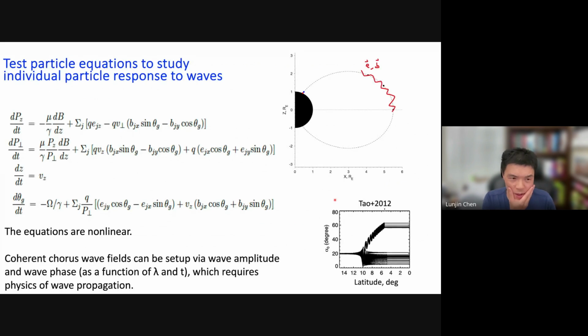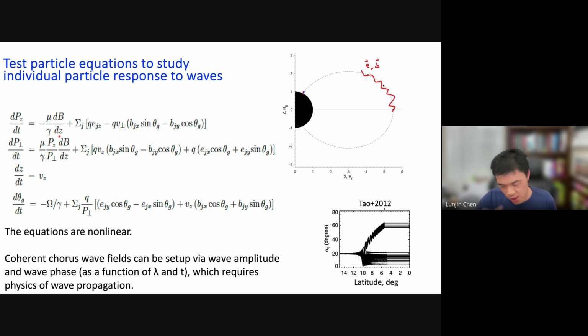As I mentioned, the quasi-linear theory does not work, and the way we treat this problem is through test particle simulation. The good thing about test particle simulation is that you keep all those nonlinear physics. So here's the equation we're going to solve.